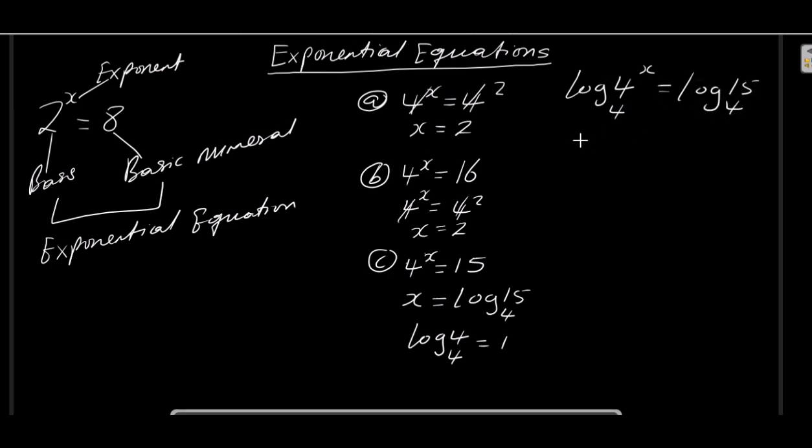I can re-express this as x log 4 base 4 equals log 15 base 4. Now recall that log 4 base 4 is equal to what? 1. Therefore, my x will be equal to log 15 base 4. And we can proceed by finding our final answer using what? Calculator.